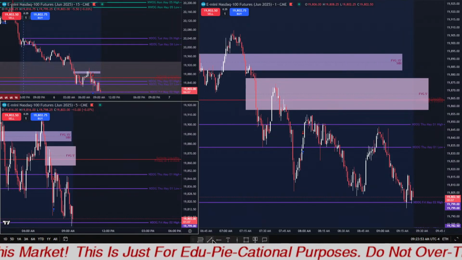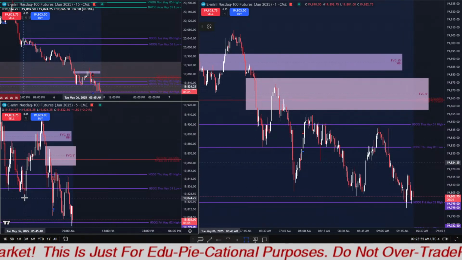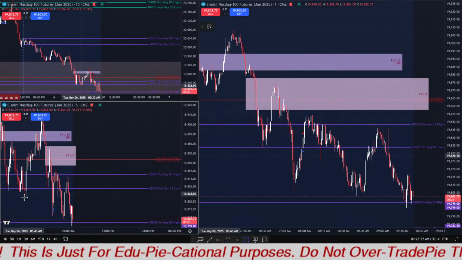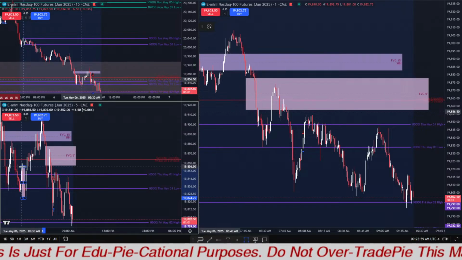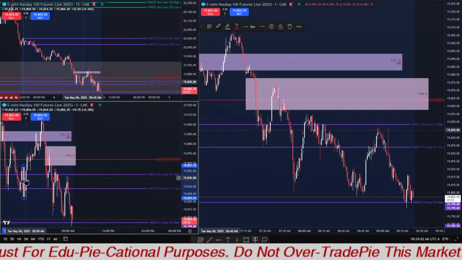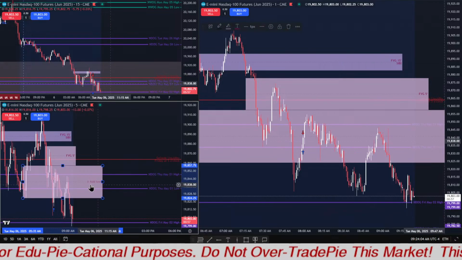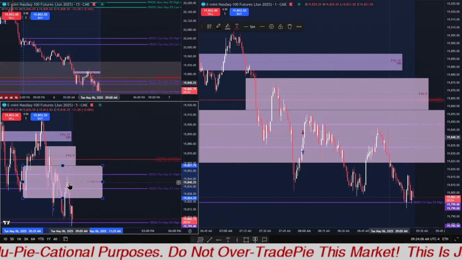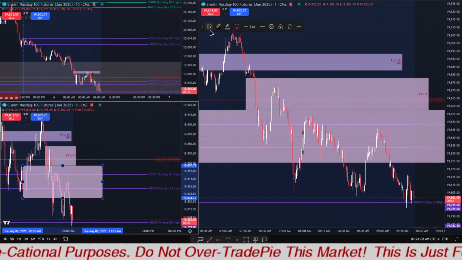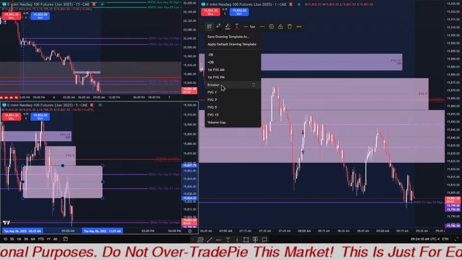I just wanted to highlight this breaker block that is a very nice reaction for the market. You can see the consequent encroachment is respected by the price.